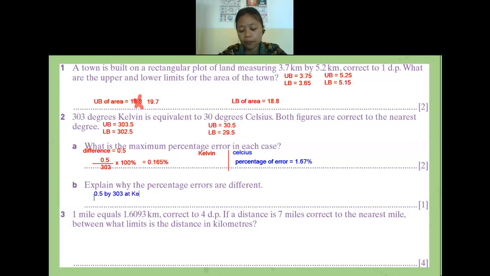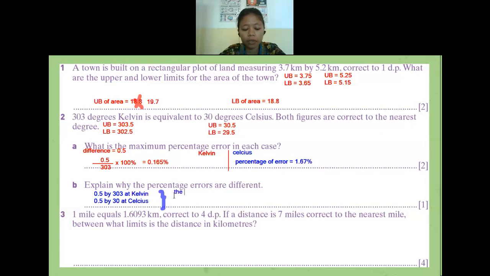But at the Celsius unit it will be only 0.5 by 30 degrees. If you can make a better sentence, you can. We can directly say that the difference is the same, but the temperatures are slightly different, something like that.